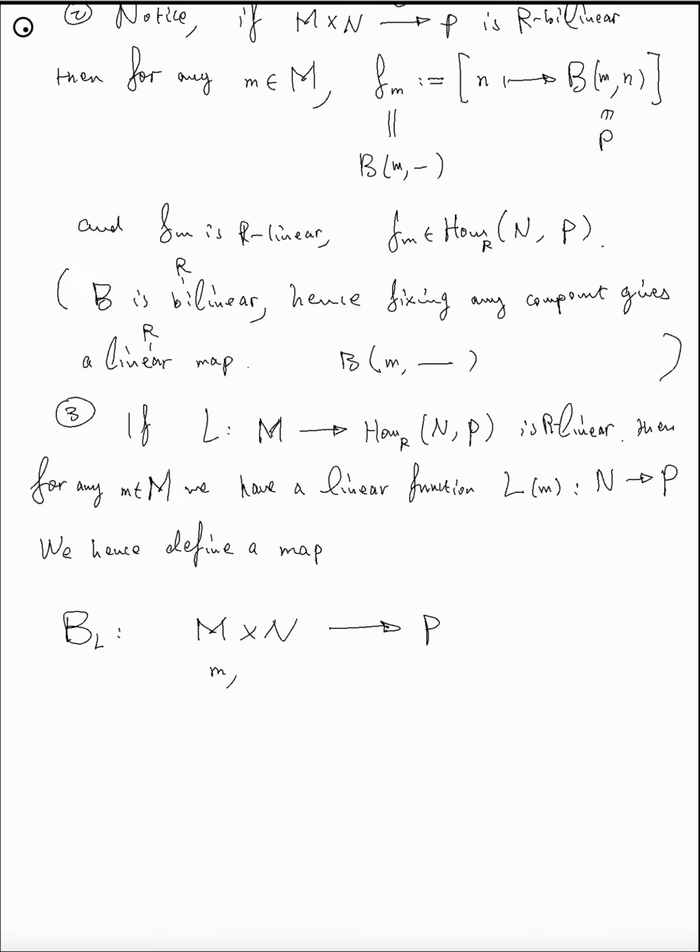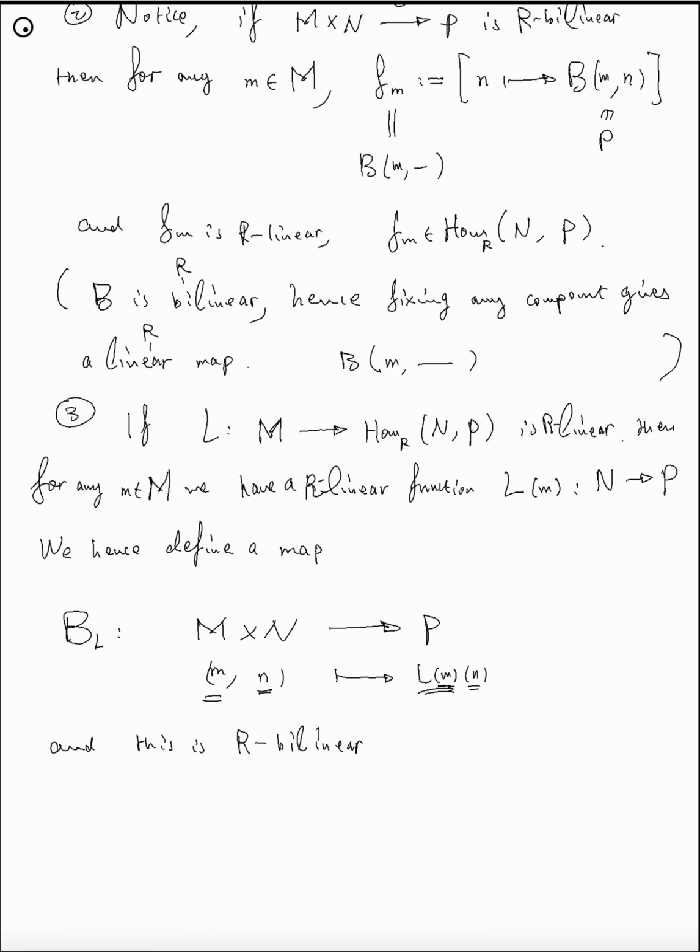Small m, give me an n, and map it to L(m) evaluated on n. And this is R-bilinear. Because L_m is linear, the linearity in the n position is obvious. And because L is R-linear, linearity in the m position is also obvious.